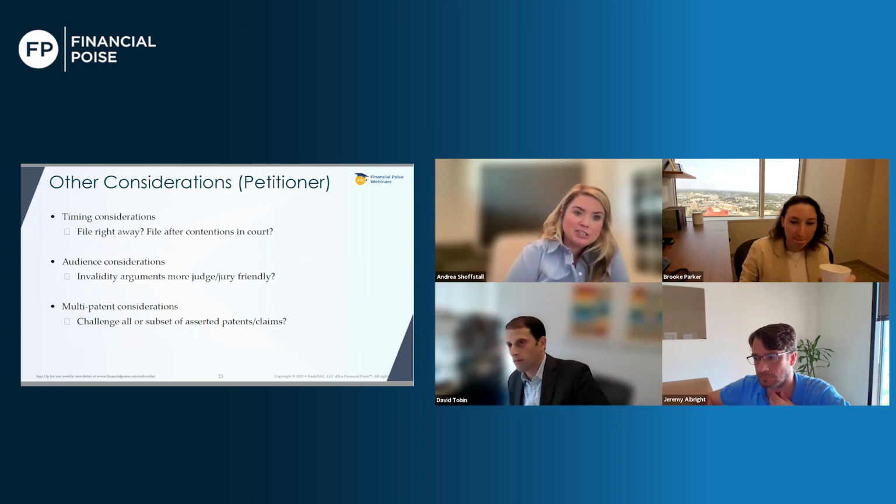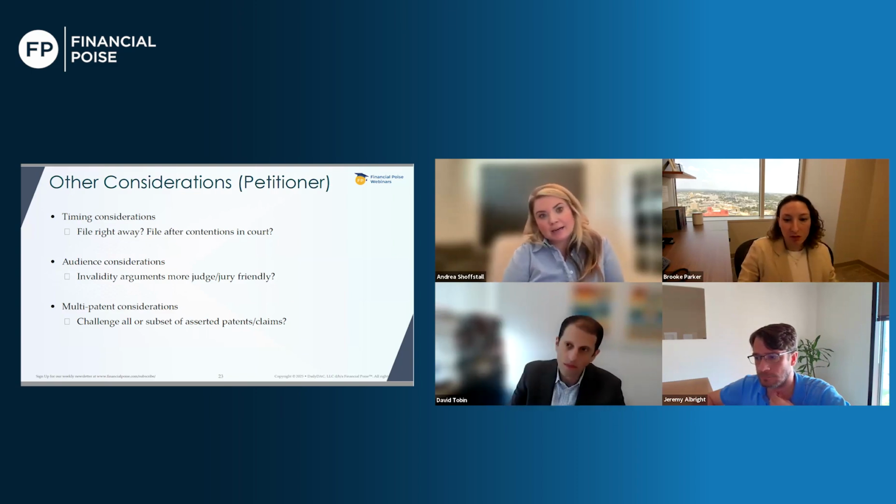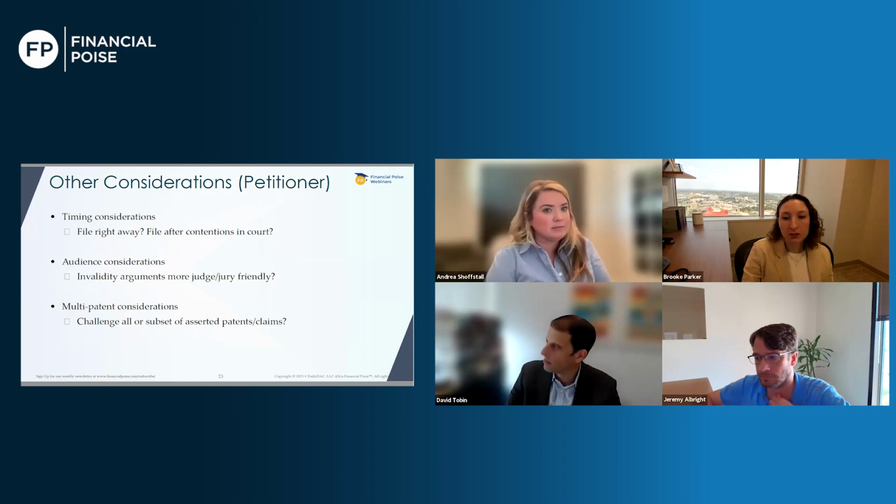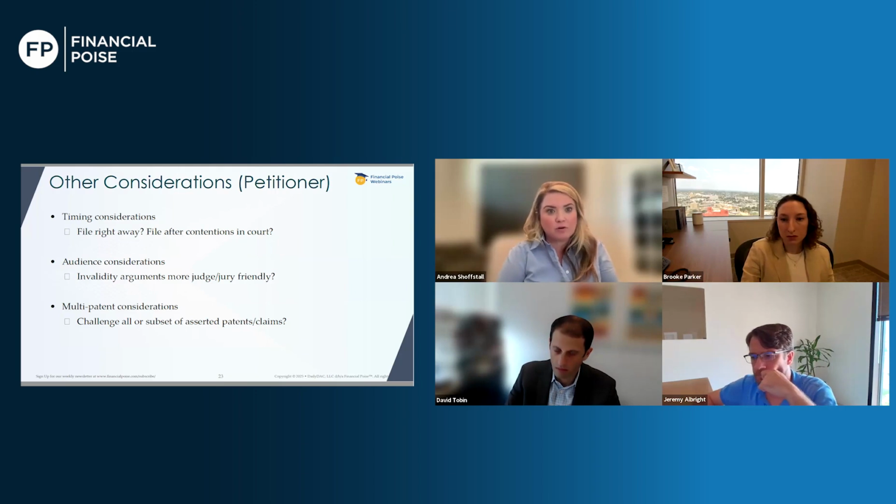Because if you're challenging just one patent and a couple claims out of that patent when 5 patents are being asserted, maybe I'm speaking out of turn, but it's very unlikely you're going to get that stay in the district court. One of the issues is simplification of the issues. Well, you might end up validating a couple claims of this one patent we're asserting, but what about the other 4? So that's something to consider as part of the multi-patent consideration, also tying back to the motion to stay.